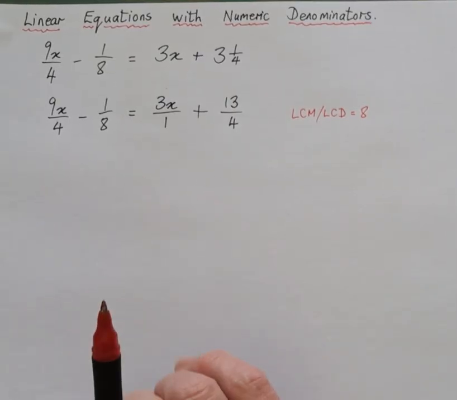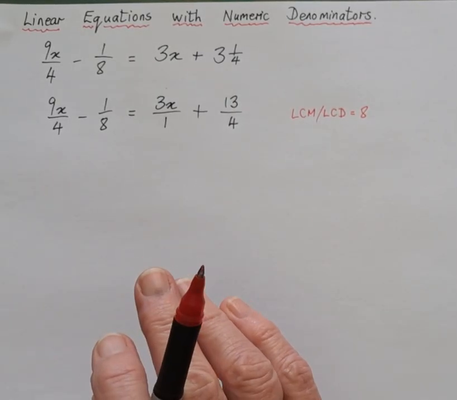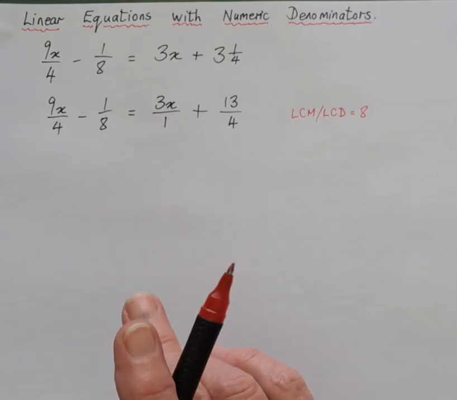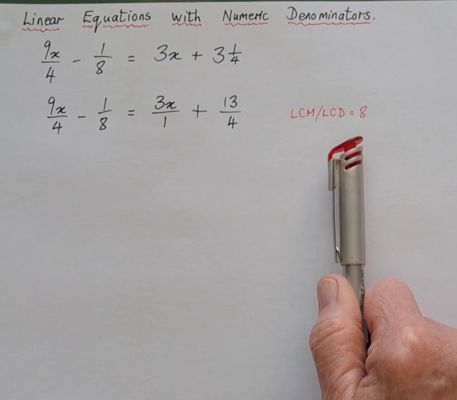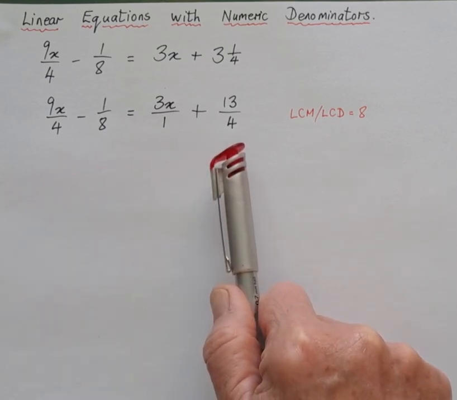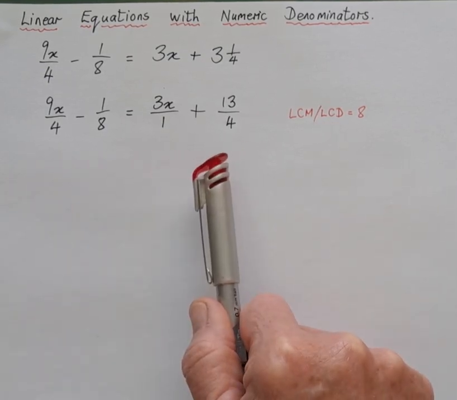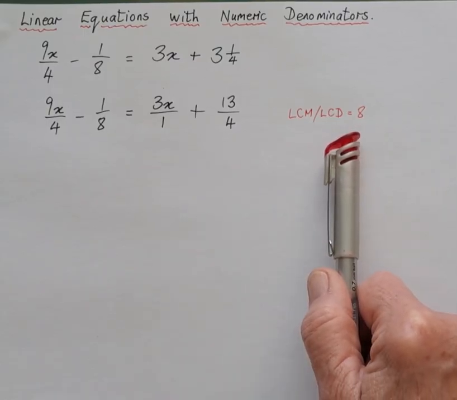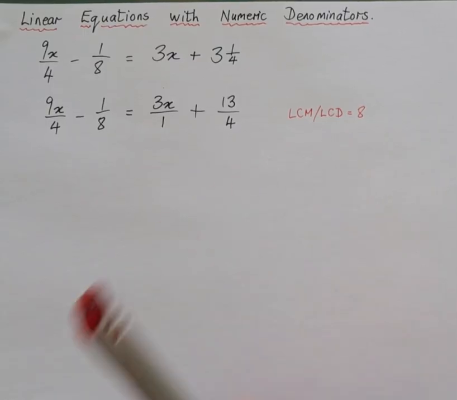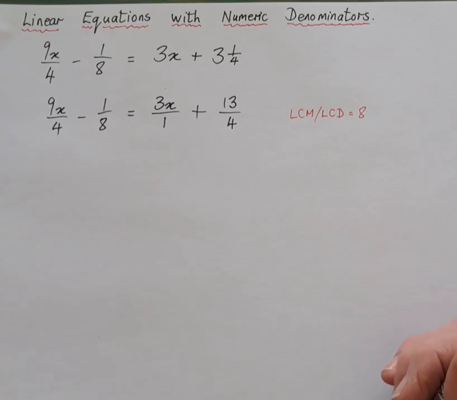So in this first example, I'm going to show you what the thinking process is by putting the thought process in red pen. What we have to do is eliminate the denominators, because denominators are uncomfortable in an equation. We need to multiply through by the LCD, which means that we will then eliminate having any denominators at all.